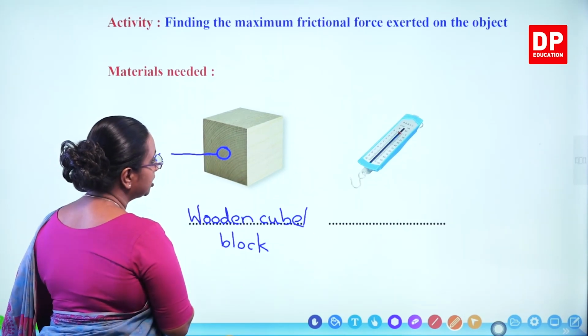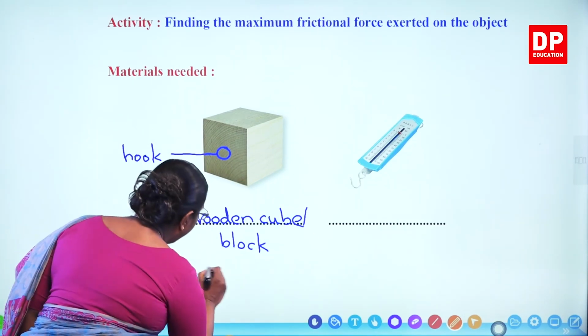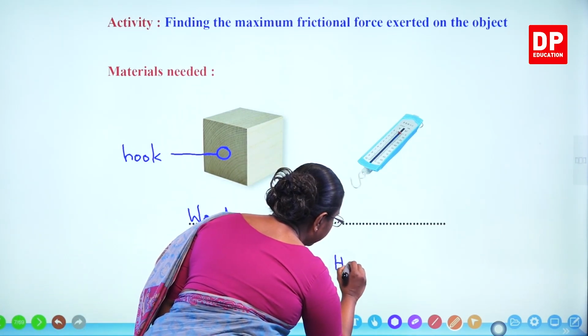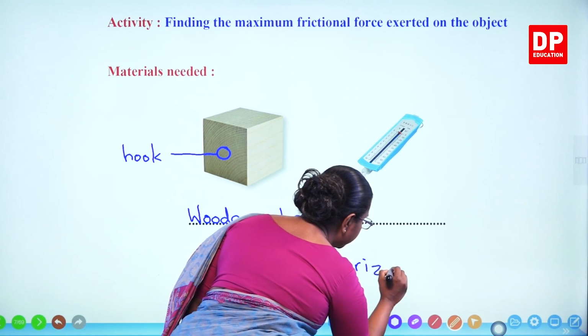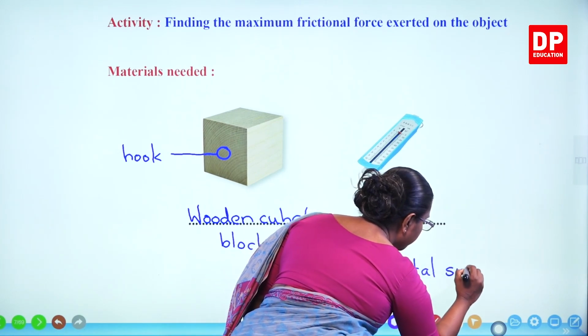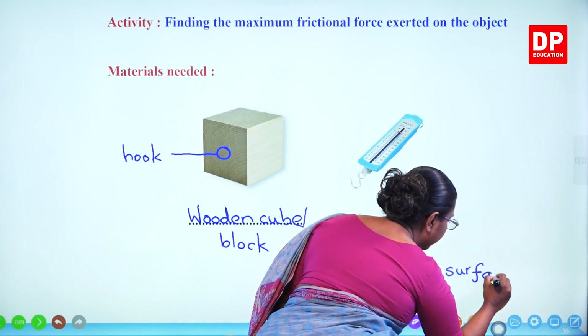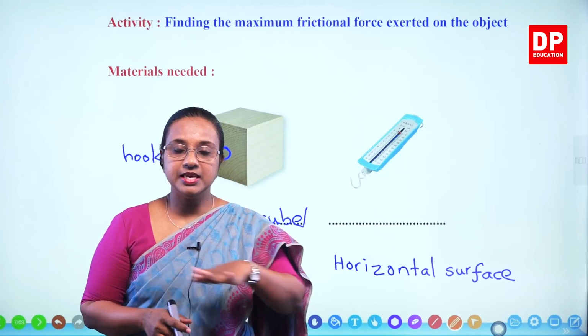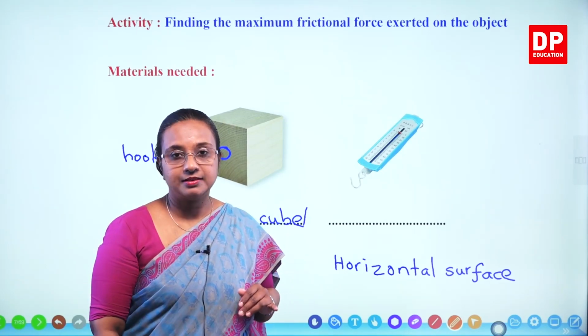So in addition to this, we will need a horizontal surface, maybe a table which is horizontal, even and flat.